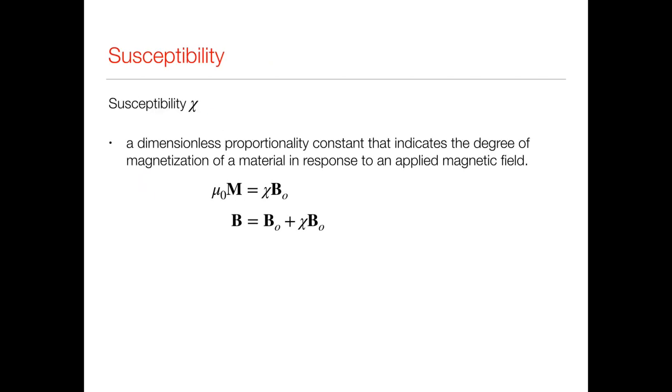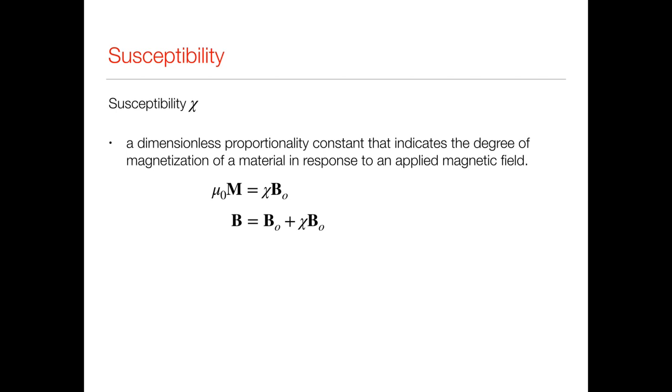Okay. So we previously introduced the concept of the susceptibility, the magnetic susceptibility. And this is defined, it's dimensionless, and it's the proportionality constant that indicates how much the material is magnetized in response to an applied magnetic field.